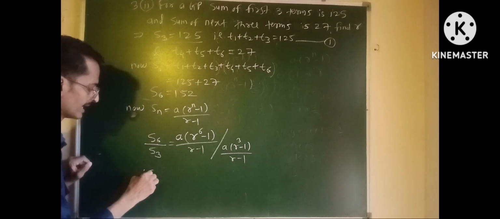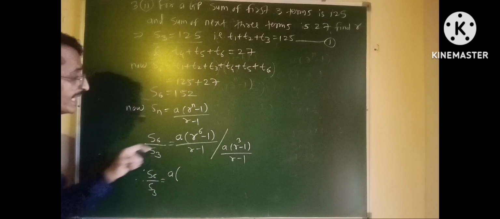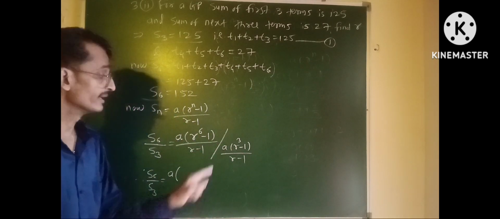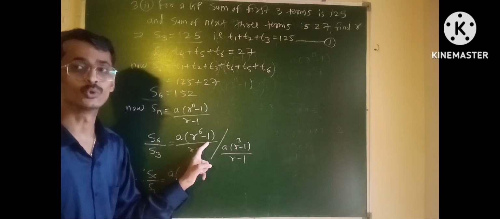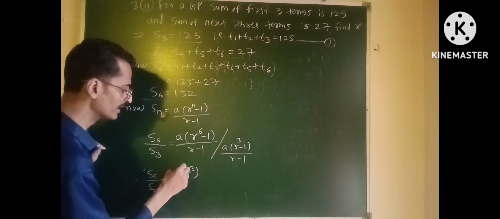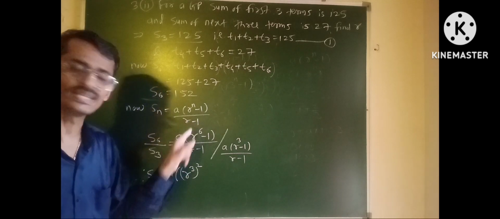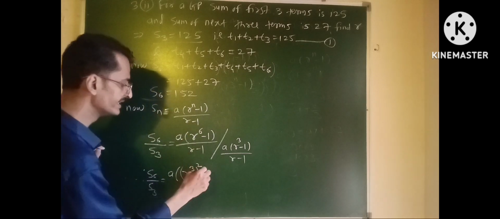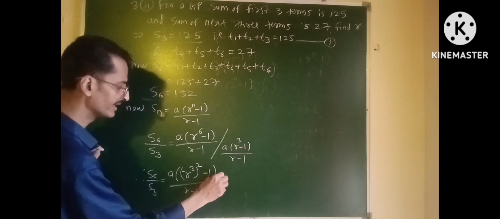So therefore S6 upon S3 we can write. Now we have to solve this. So A is the same, R minus 1 is the same. Here this is R cube minus 1, this is R raised to 6 minus 1. So to solve this, write R raised to 6 as R cube raised to 2. 3 into 2 is 6, right? So R raised to 6 we can write as R cube raised to 2, minus this 1, close bracket, upon R minus 1 into.